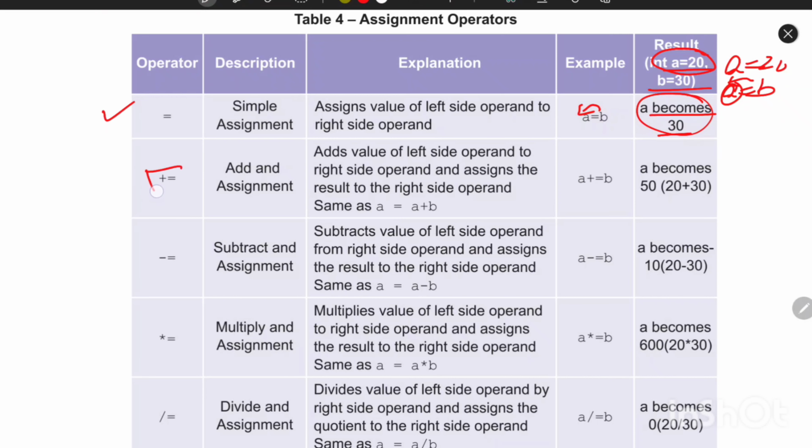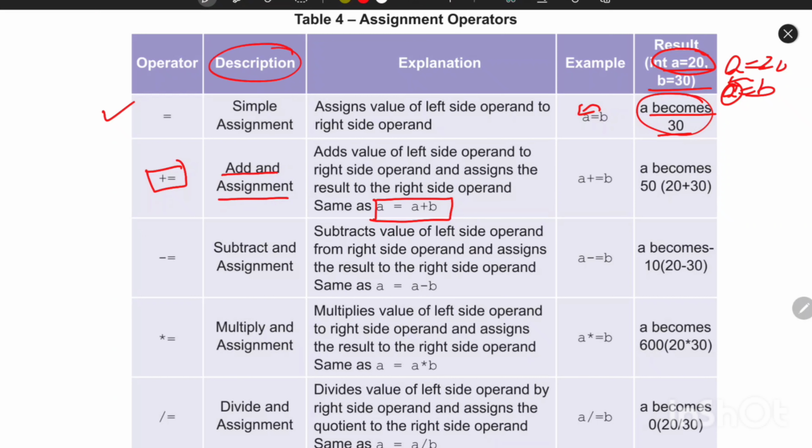Secondly, if you are writing plus equals to, that is working like this: a equal to a plus b. That means the value of the other variable is going to be added to the first one. So this is called add and assignment.